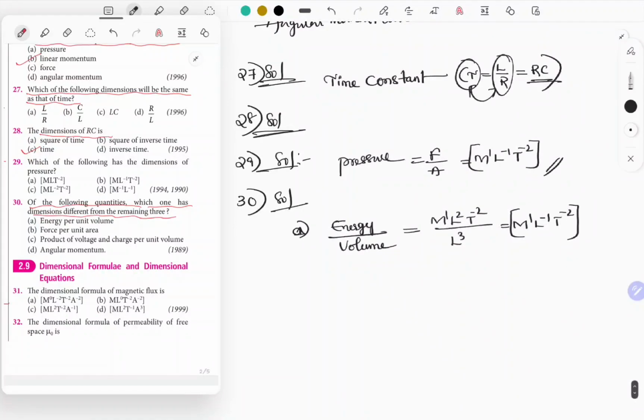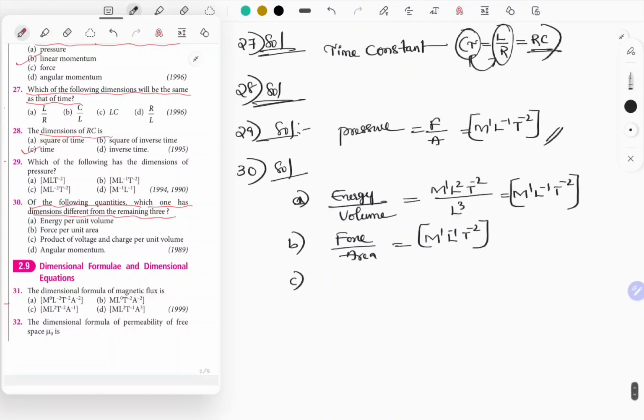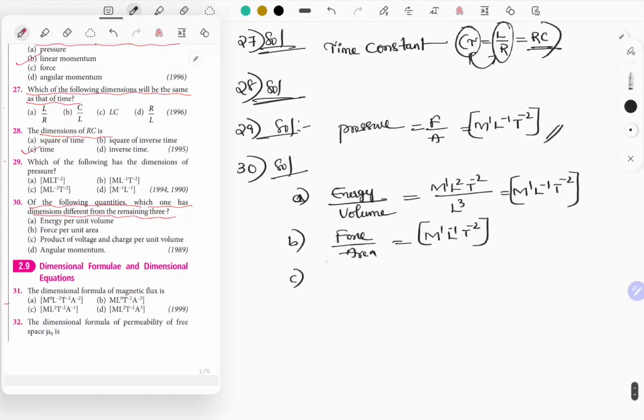Nice. Next, force per unit area. Force per unit area is nothing but pressure. So dimensional formula is m power 1 L power minus 1 T power minus 2. Super. Next, what about third option? Product of voltage and charge per unit volume. Okay, voltage into charge per volume.